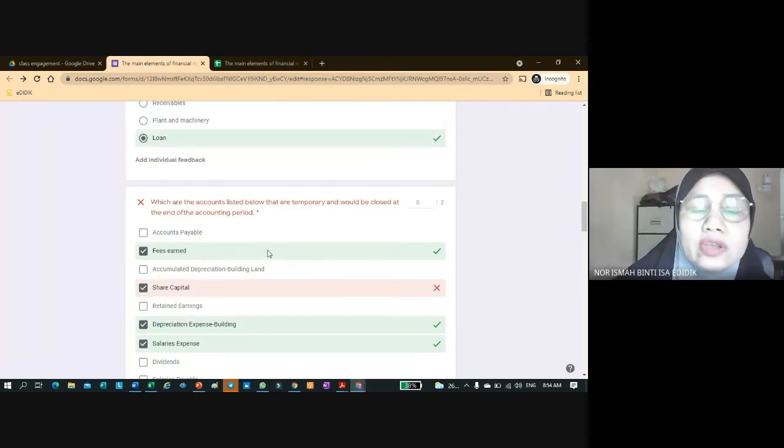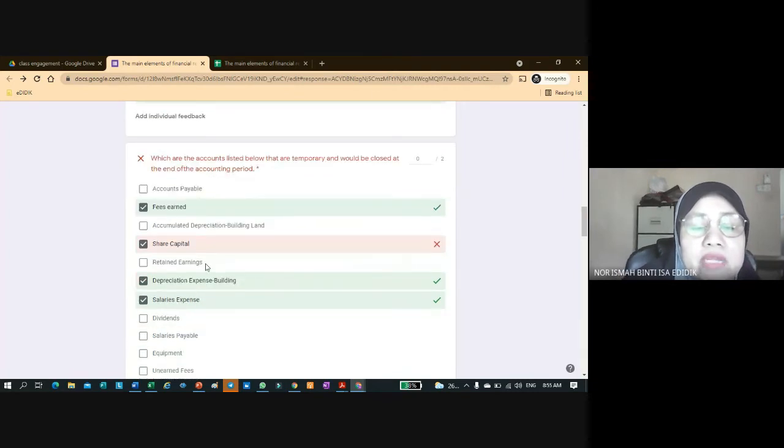Okay, which of the accounts listed below are temporary accounts that would close at the end of the accounting year? So you must look for the accounts related with revenue and expenses. Account payable is a liability, no. Fee earned is income, so this is a temporary account. Accumulated depreciation is a contra account, it appears in the financial position, no. Share capital is equity, no. Retained earnings is the accumulated profit, it appears in the statement of financial position, no. Depreciation expense, yes, this is an expense, correct.